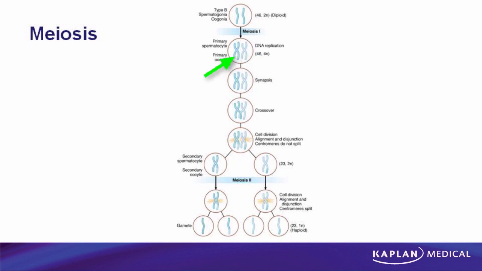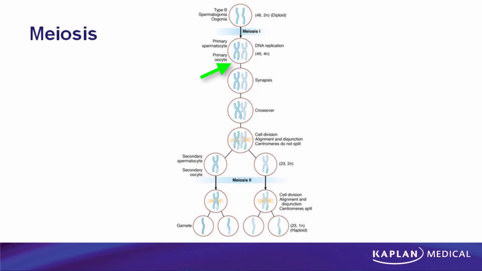Each strand is called a chromatid. So now each chromosome is made up of two chromatids. The two chromatids are held together at the centromere. So we have 46 chromosomes, but now we have 46 double-stranded chromosomes. So we can call that a 4N cell.